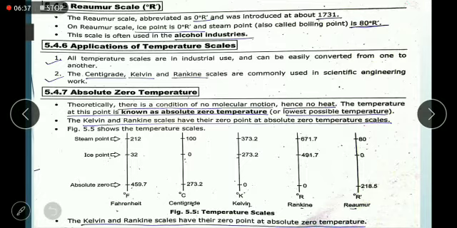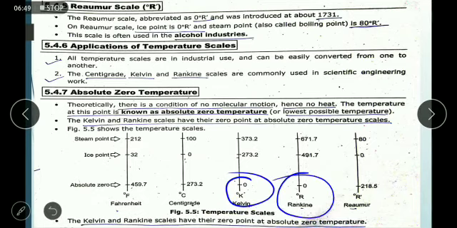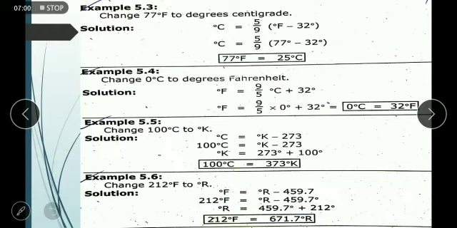For Kelvin and Rankine, absolute zero is at 0 degree Kelvin or 0 degree Rankine, as shown. For the Réaumur scale, the steam point is at 80, the ice point at 0, and absolute zero at minus 218.5 degrees Réaumur. Now on these scales we will see some numericals.